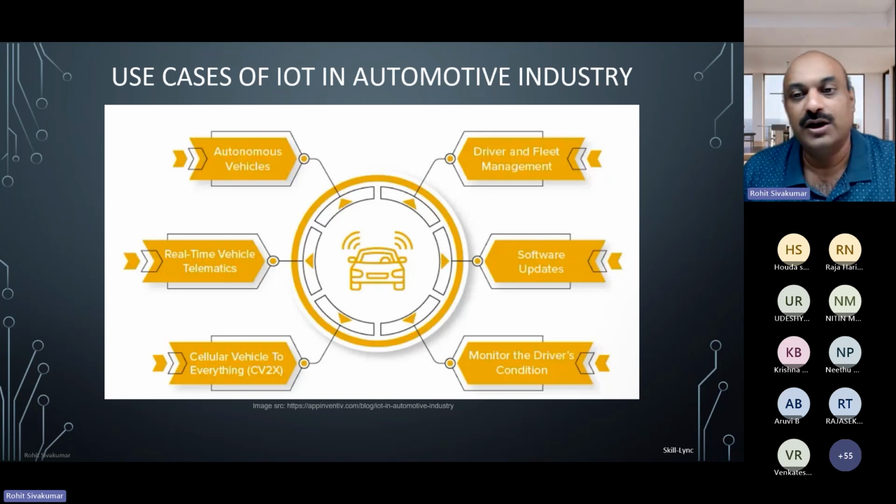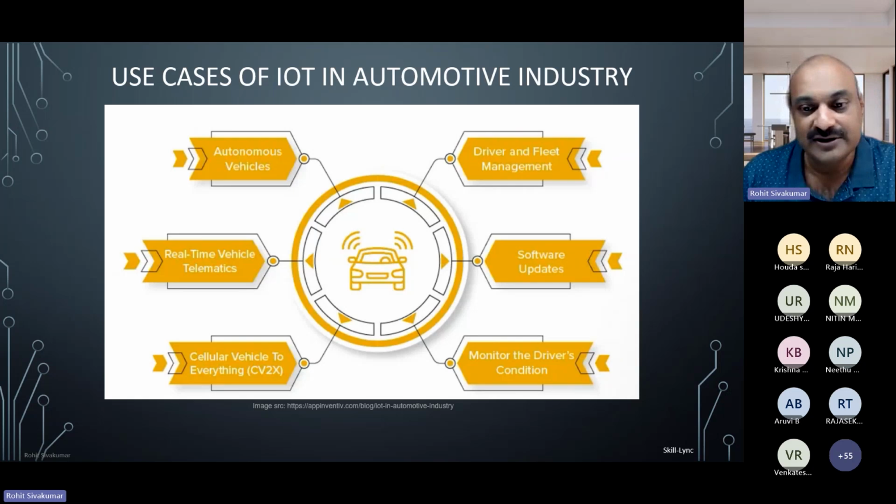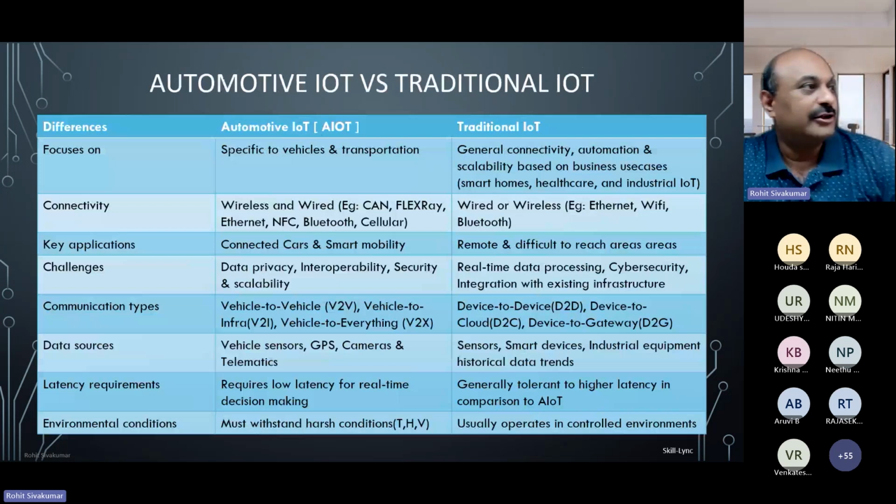So one vehicle can talk to another vehicle. I'll give you real examples that are out in the market today as well. And of course, telematics and the very popular Tesla and BYD that's going around with autonomous vehicles and a lot of intelligence going into ADAS and stuff like that. All that comes from the automotive IoT domain.